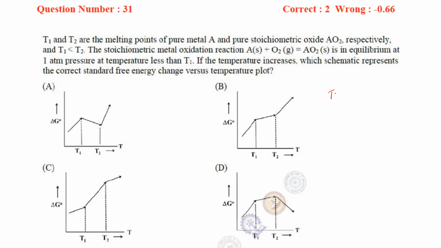Okay, fine. T1 is the melting point of A, T2 is the melting point of AO2. Okay, and T1 is smaller than T2. Fine. The stoichiometric metal oxidation reaction A plus O2 is equal to AO2 is in equilibrium at 1 atm pressure.